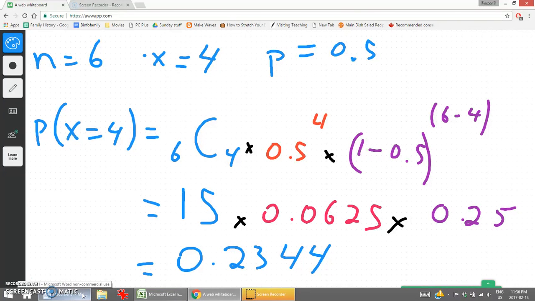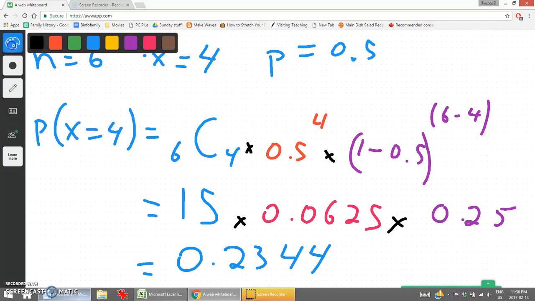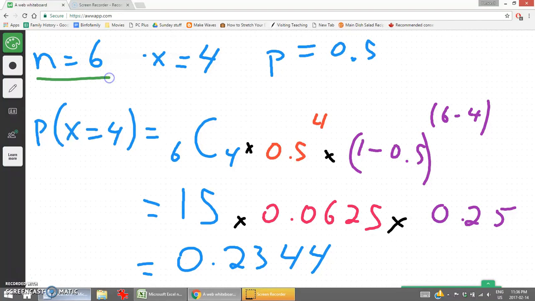Before we move on to the second question, a couple of things to understand here. When we have 6 coins, n equals 6, and x could be anywhere from 0, 1, 2, all the way up to n, in this case 6.